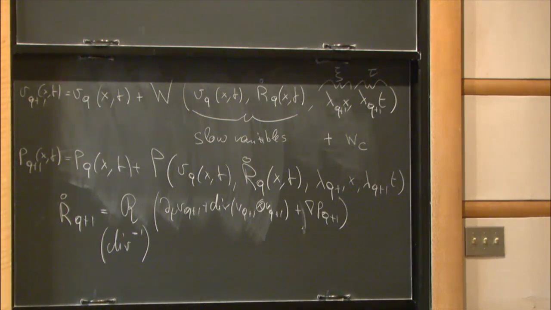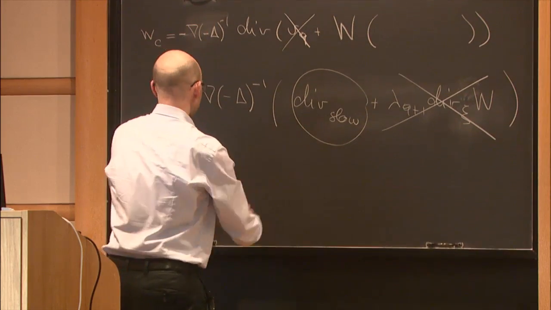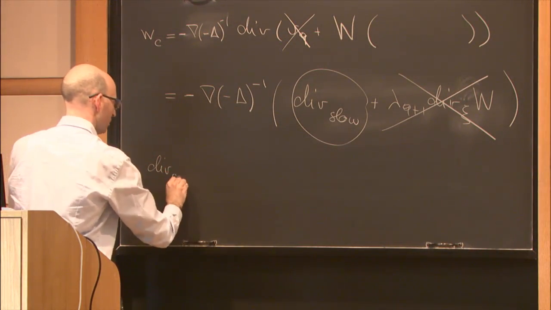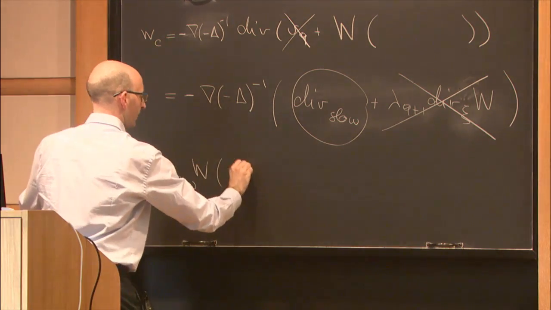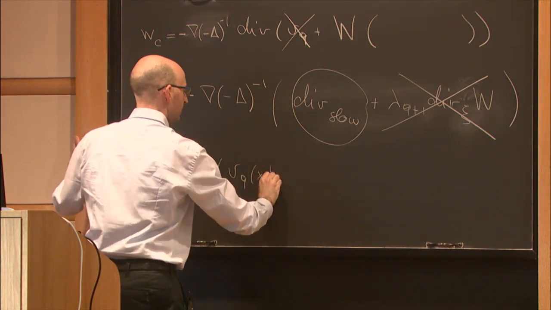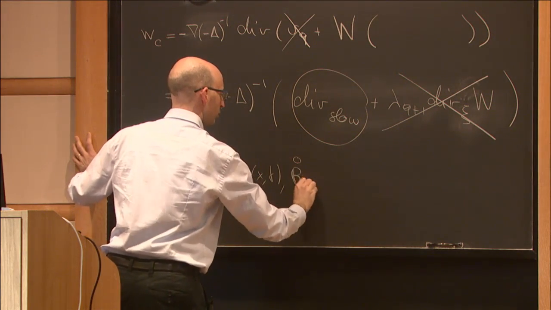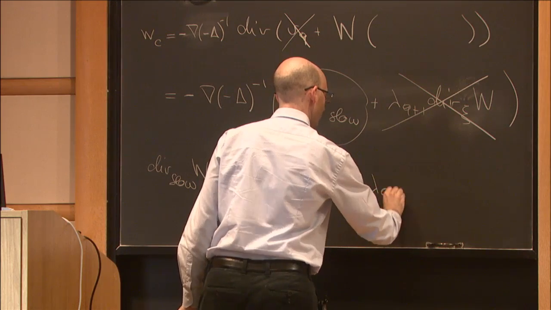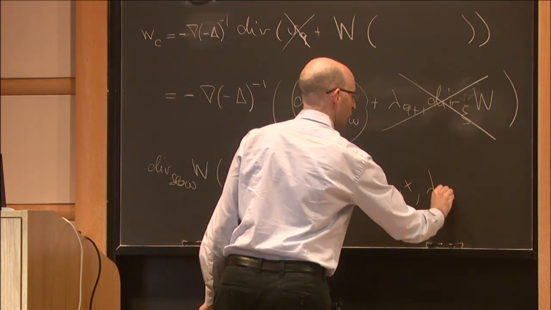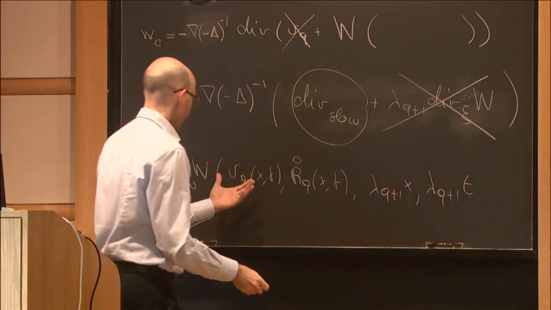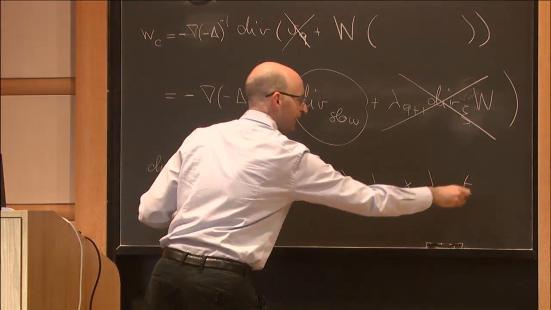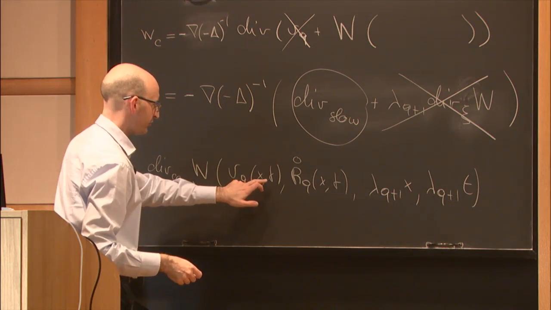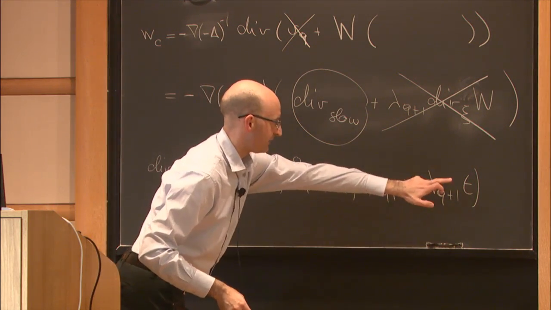So here you have this divergence law. It's a function of the following variables: something like divergence slope of w, and then you have q of x, t, r circle q of x, t, and then you have lambda q plus 1 x, lambda q plus 1 t. So let's think about this as a complicated function of the variables x, t, and lambda x, lambda t.